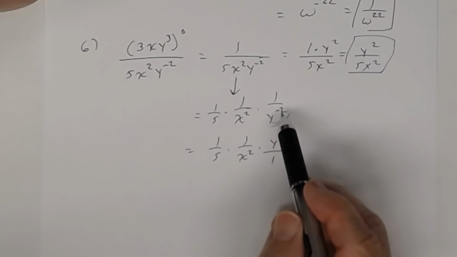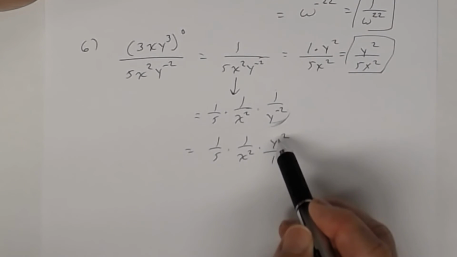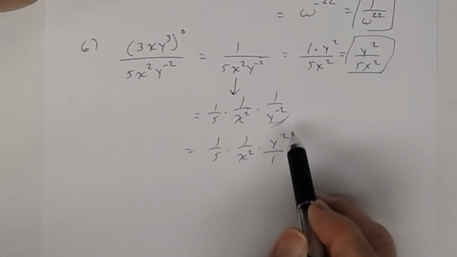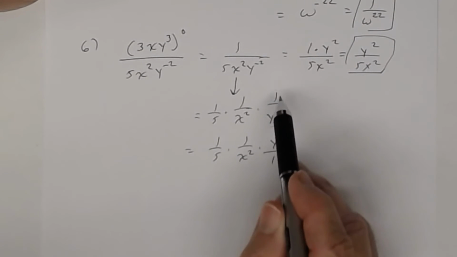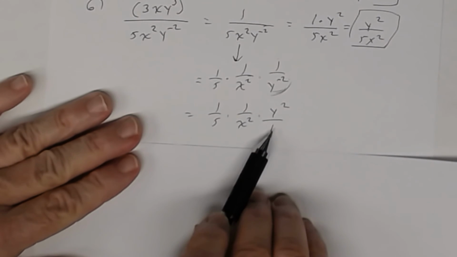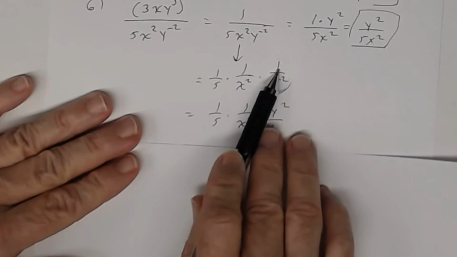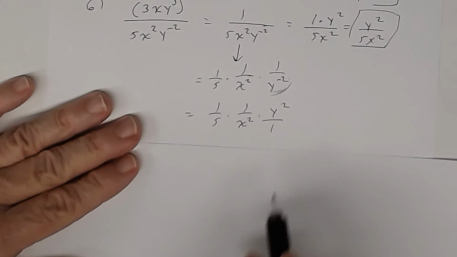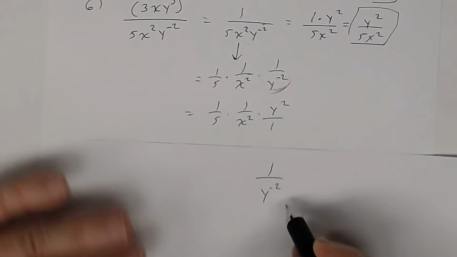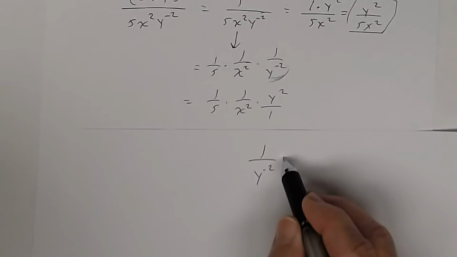Now remember what we said, don't think that this here is a reciprocal of this fraction. That's not true, right? So this 1 is not this 1. It's important you see this. Where we had 1 divided by y to the negative second, it's important you understand this.